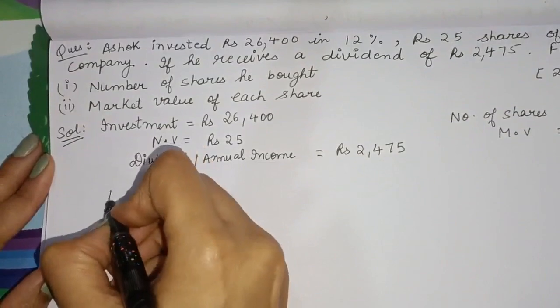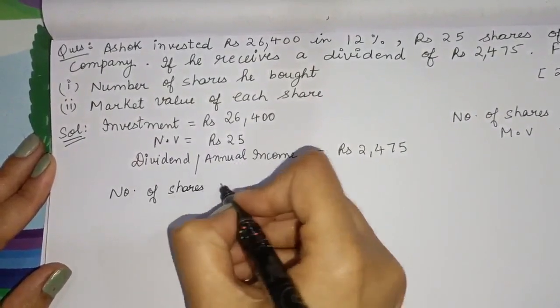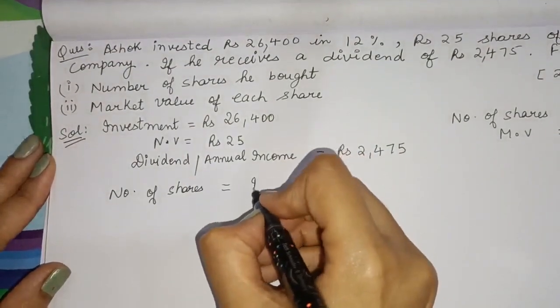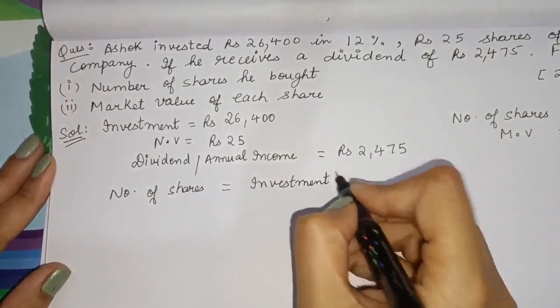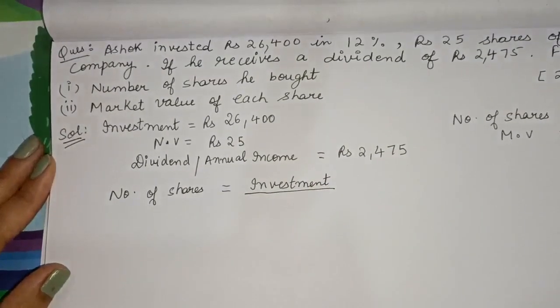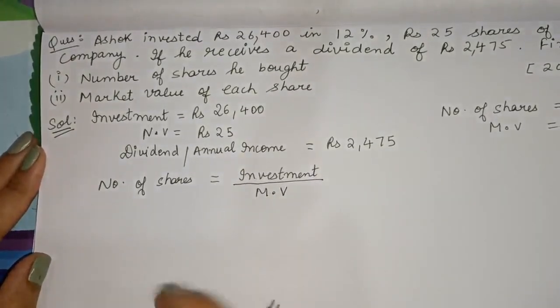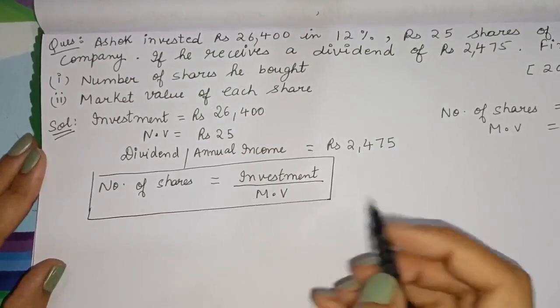So number of shares. We have discussed formulas for number of shares. Number of shares is equal to investment upon MV. So this is one formula of number of shares, investment upon MV.